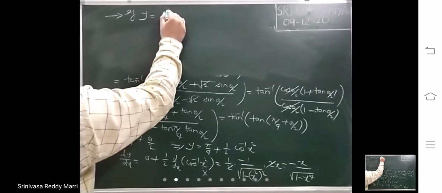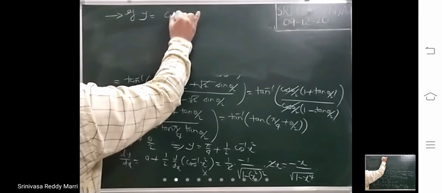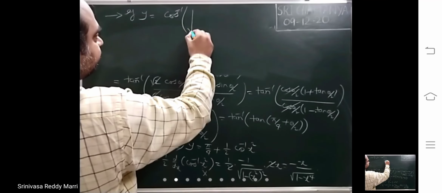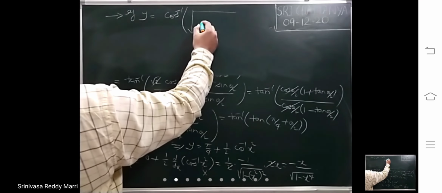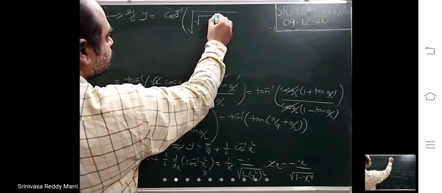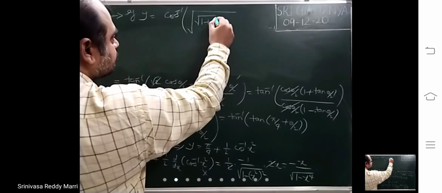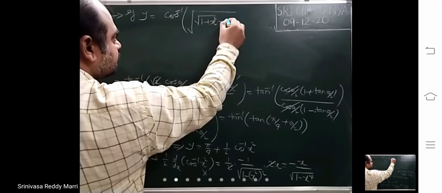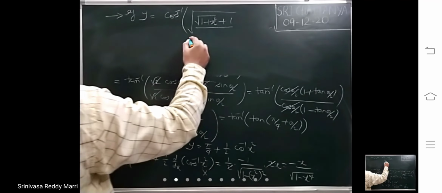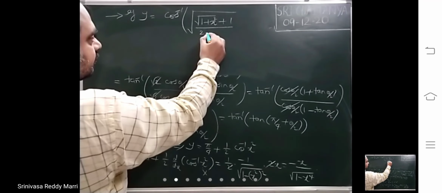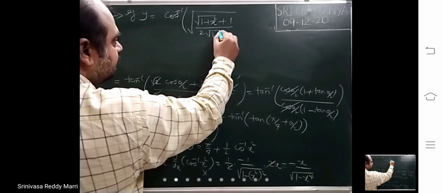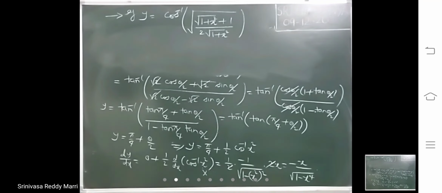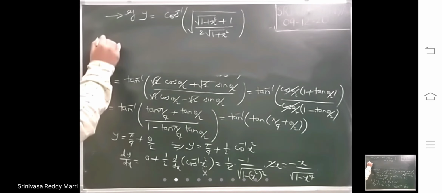If y equals root of something divided by 2 into root of 1 plus x square, this is given.